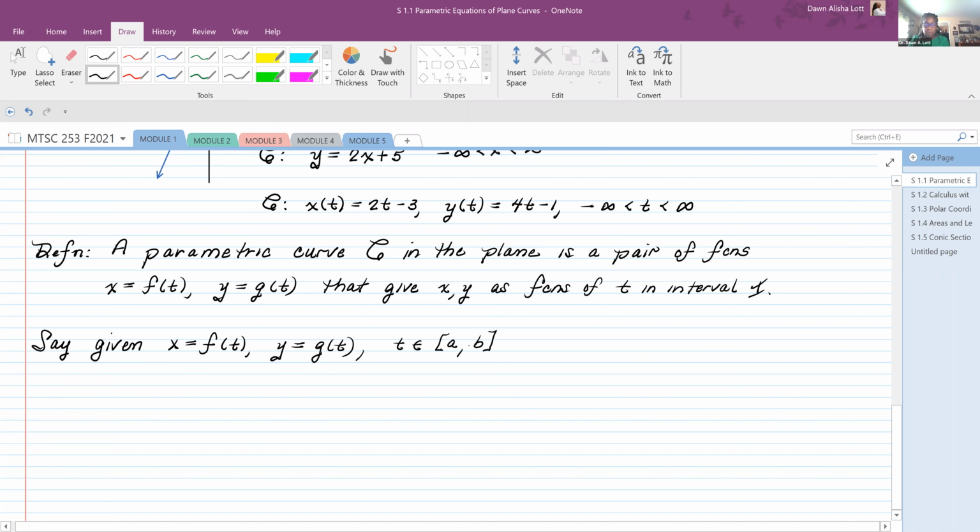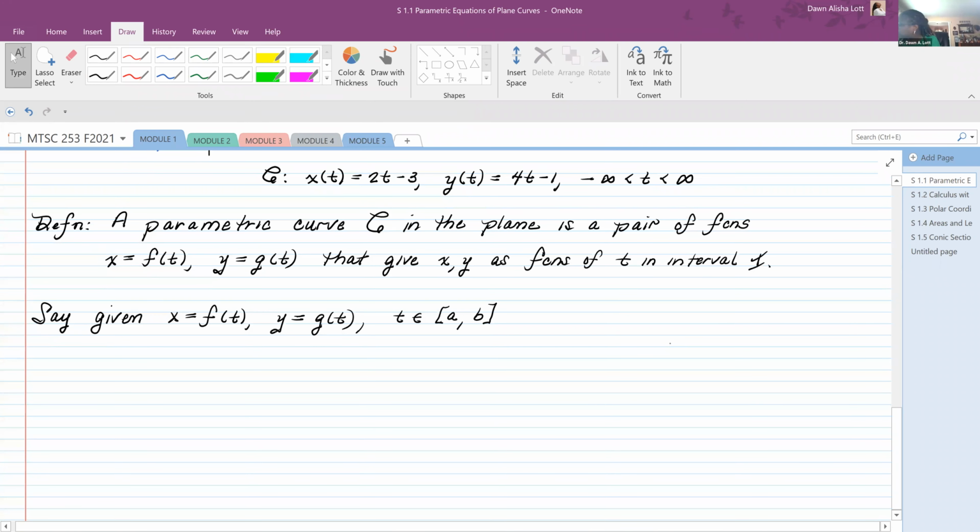So this [a, b] is my interval, where this interval is closed.